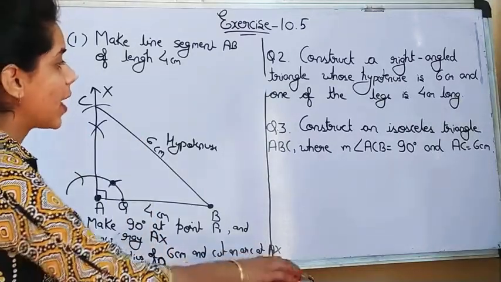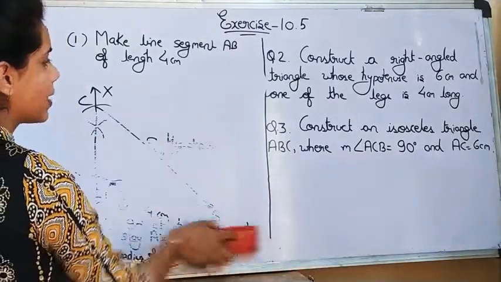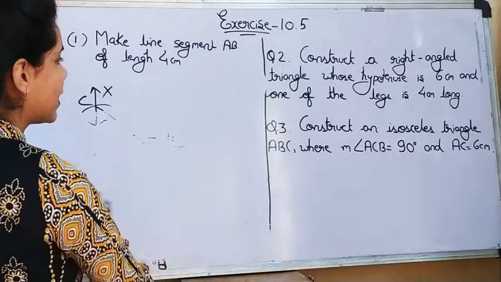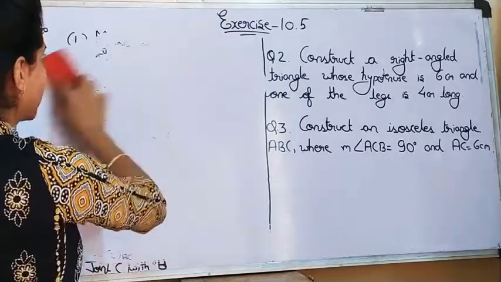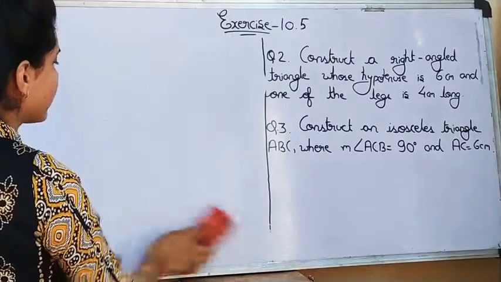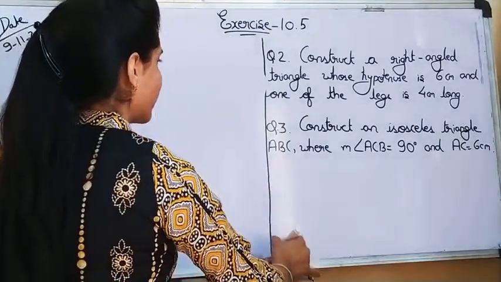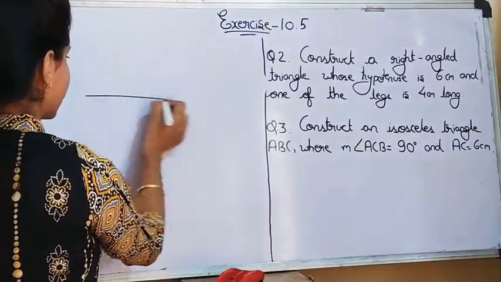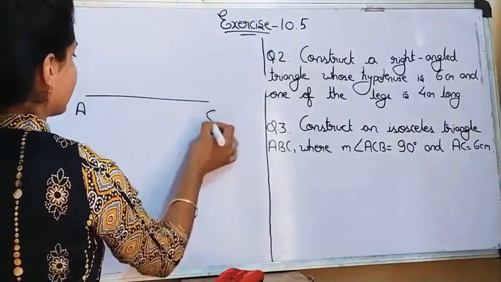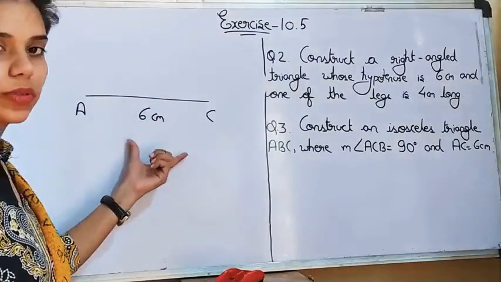Now question number 3 is to construct an isosceles triangle, again with a 90-degree angle and AC is 6 centimeter. So first of all we will make the line segment AC of length 6 centimeter. Write each and every step whatever you do to draw this diagram.